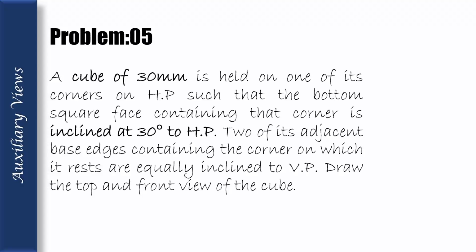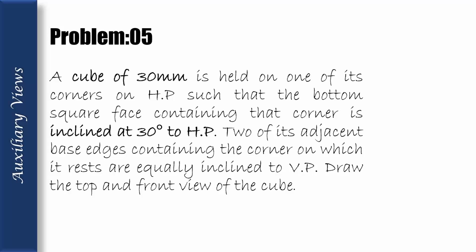Again I'm reading this problem, just listen. A cube of 30 mm is held on one of its corners on HP such that the bottom square face containing that corner is inclined at 30 degrees to HP. Two of its adjacent base edges containing the corner on which it rests are equally inclined to VP. Draw the top and front view of the cube.